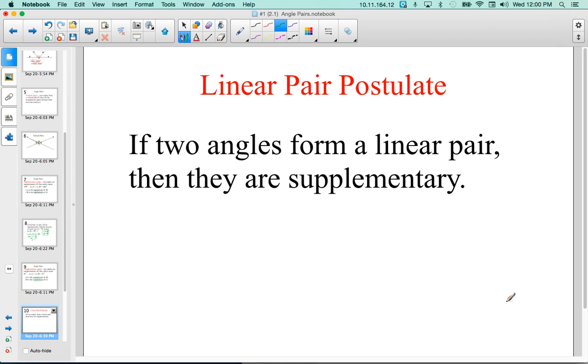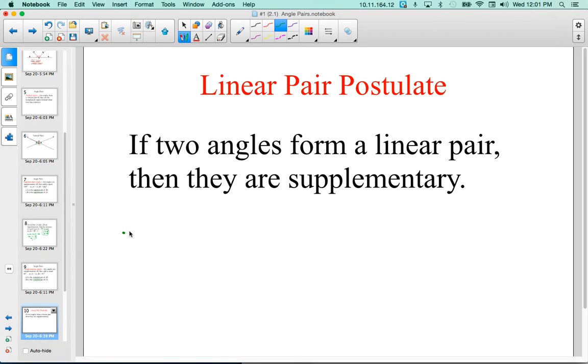The linear pair postulate: if two angles form a linear pair, then they are supplementary. A lot of times I wouldn't call these interchangeable, but they're basically overlapping in their properties here.